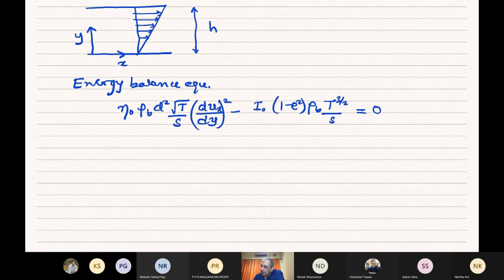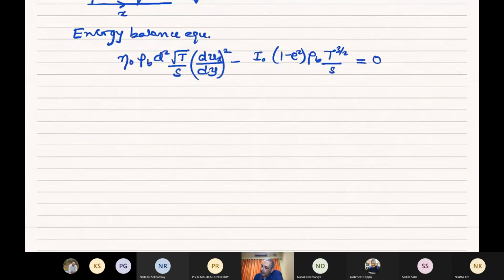And this is equal to 0. So this is exactly what we had solved earlier in the previous class. The only thing is that the conduction term, which has got the derivatives of temperature, is missing. So now this is a nice simple algebraic equation.